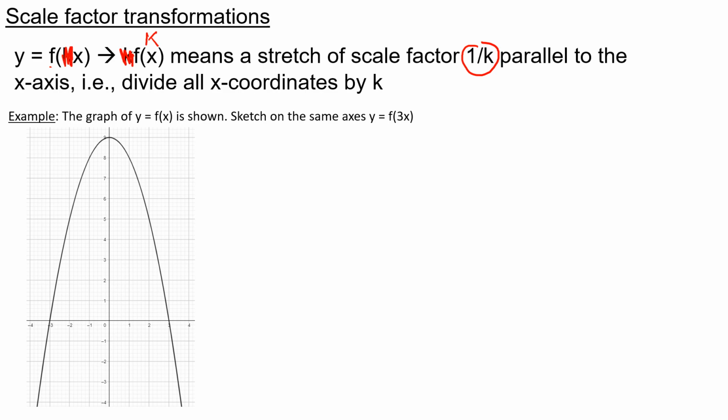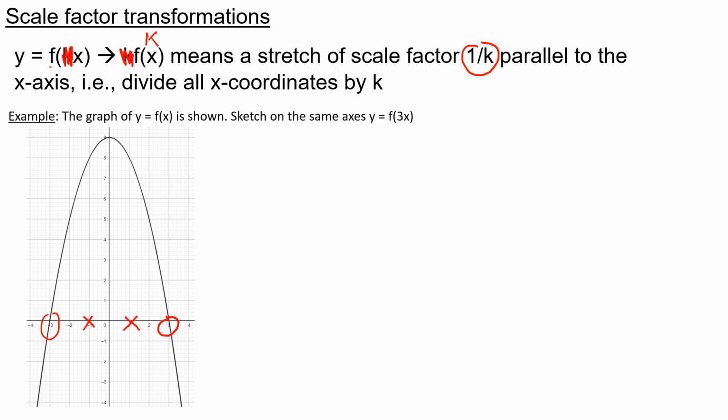So here we have f of 3x, so we divide all of the x coordinates by 3. Again, a good rule of thumb here is to look at where it goes to the x-axis. So it goes to the x-axis at 3, 0 and minus 3, 0. If I divide 3 by 3, I get 1, and minus 3 divided by 3 is minus 1.